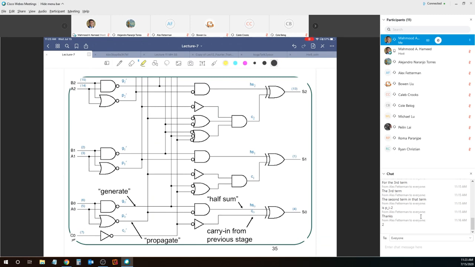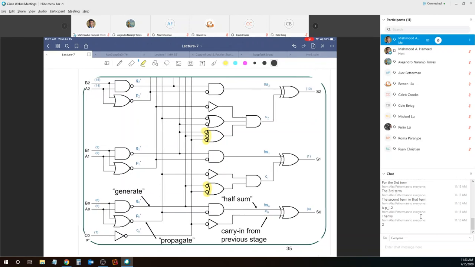If you keep going up, I hope you see that there will be an increase in the number of inputs: 2, 3. For more and more bits, the fan in will keep increasing, which is the problem here.